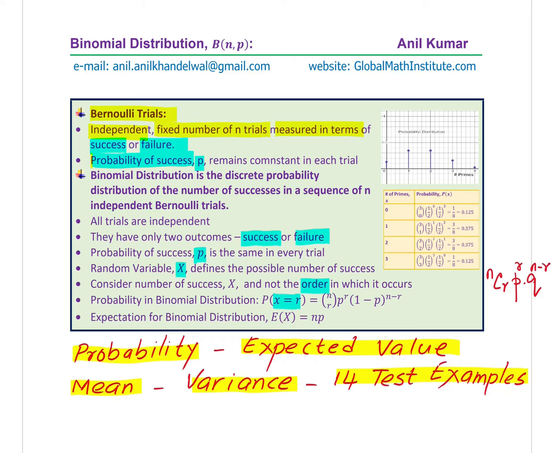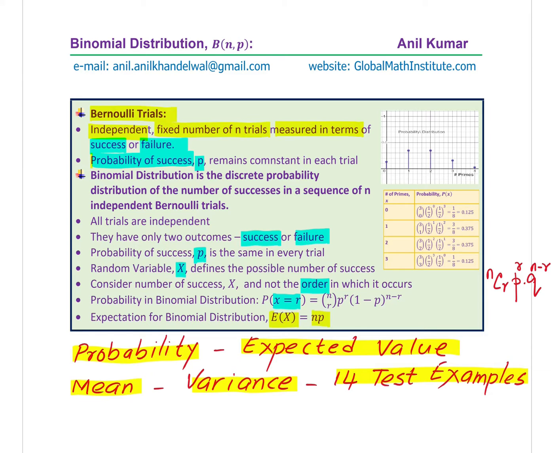Is that clear to you? That is how we give the probability for a binomial distribution. The expectation for a binomial distribution, E(X), is n times p, the product of the number of trials and the probability of success.